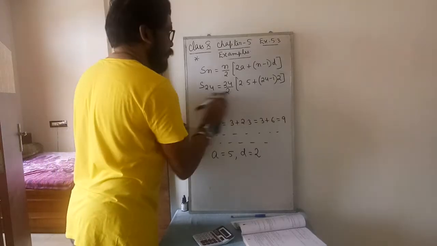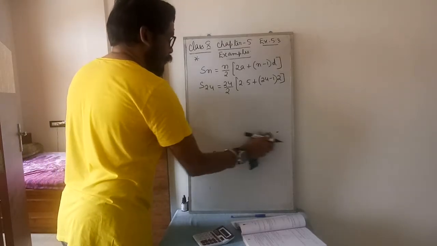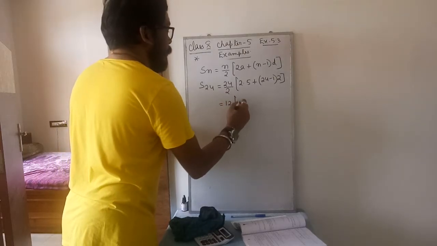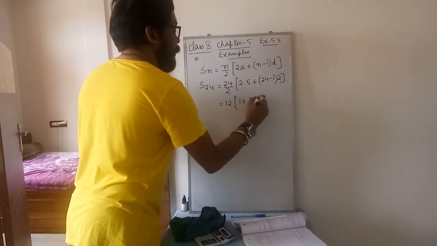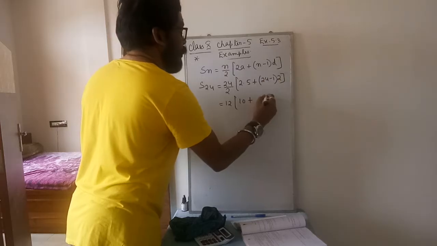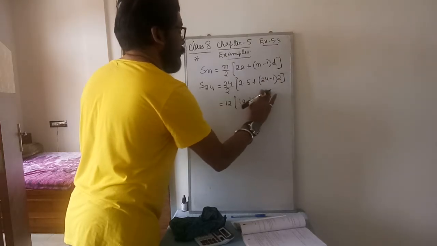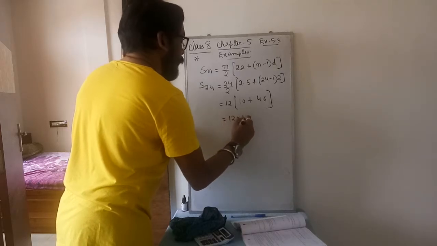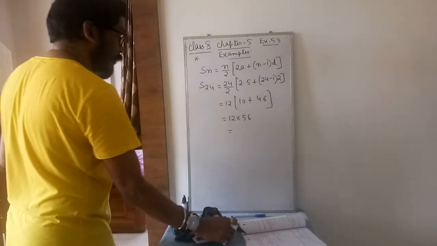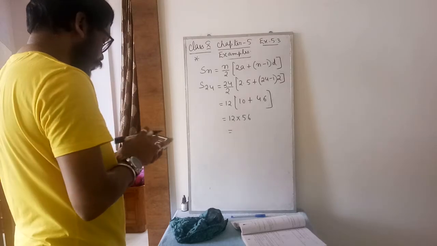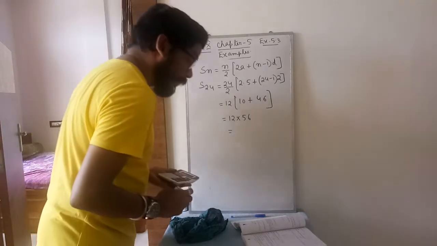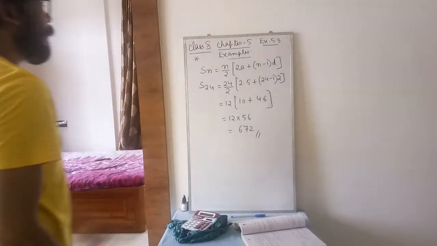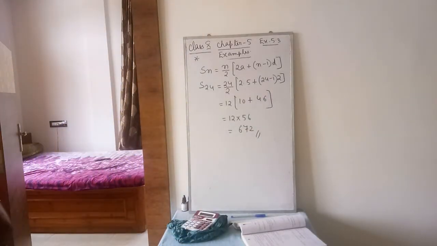So 24 by 2 is 12. Here 2a is 10. 24 minus 1 is 23, 23 into 2 is 46. So 12 into 56, it is 672. So this is the answer, the sum of 24 terms. Take the screenshot.